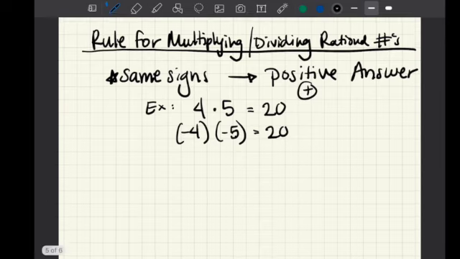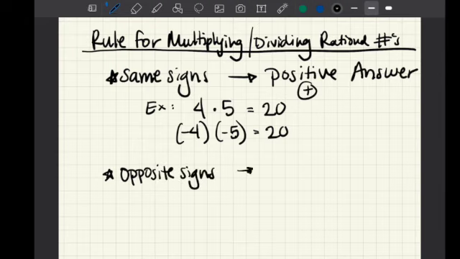But if the numbers that we're multiplying have opposite signs, our answer is going to be negative.